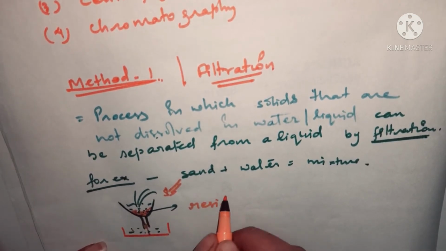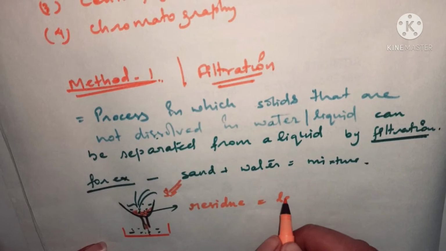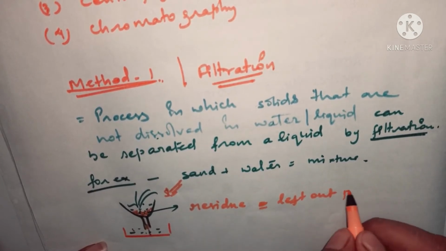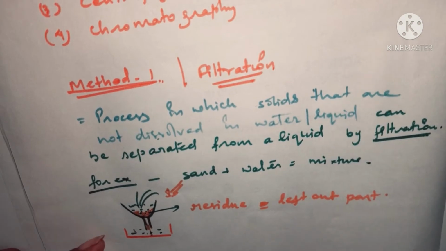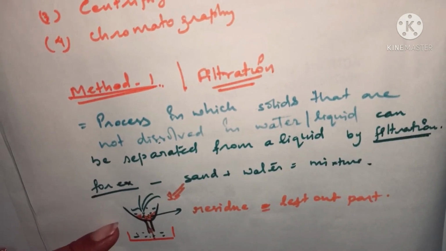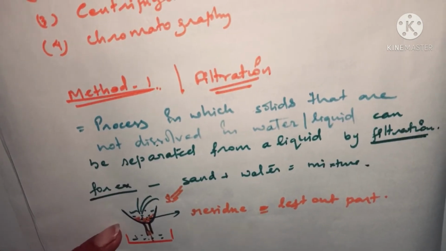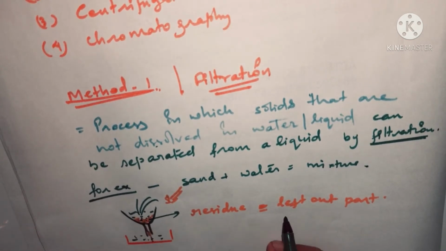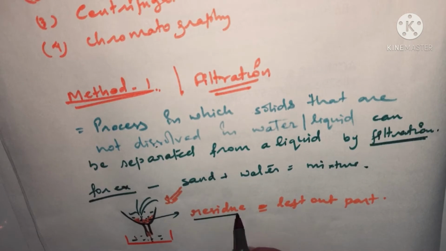What do we say? Residue. It is the left out part. The solid particle which is left out here is known as a residue.